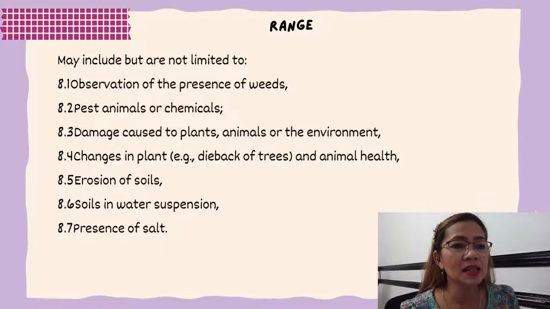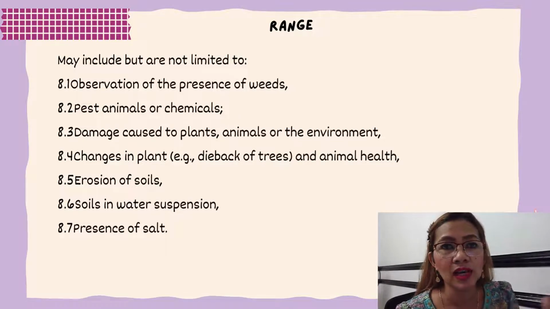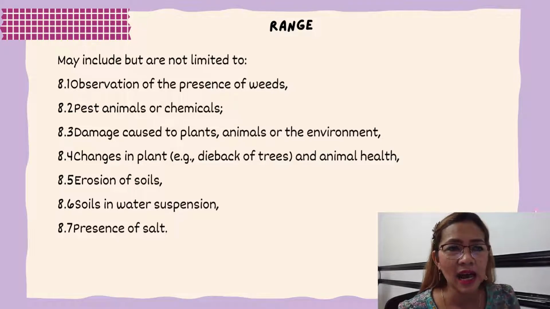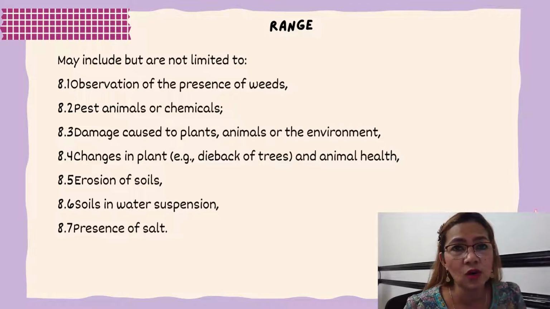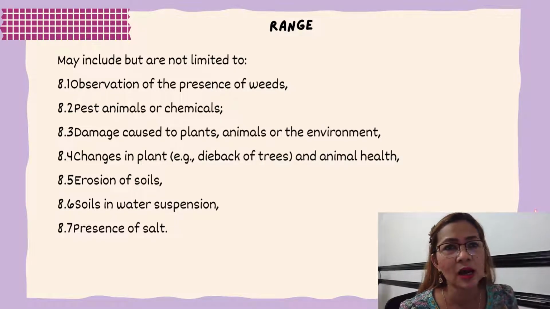Then, damage caused to plants, animals, or the environment. If you are looking at your environment and you see plants dying or animals dying, look at what causes the dying of these plants and animals, because these are already signs.